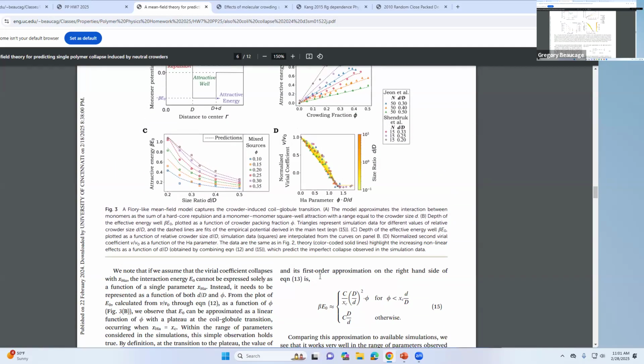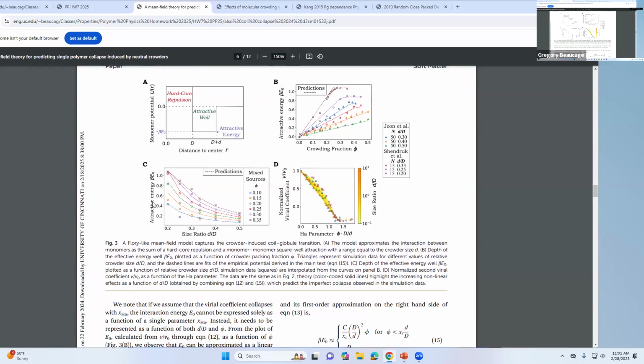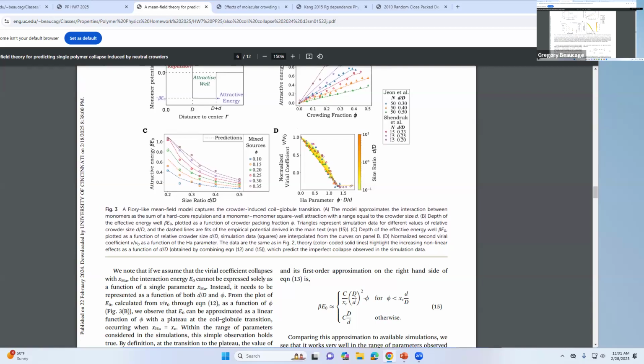And then because he has that equation, he can use that to fit the results that he has D by D0 and XC and phi. So he can plot the potential versus that and then use this equation to fit it. Or he can actually calculate, so his calculations are the dotted lines, things from the simulation are the points, and they match up.